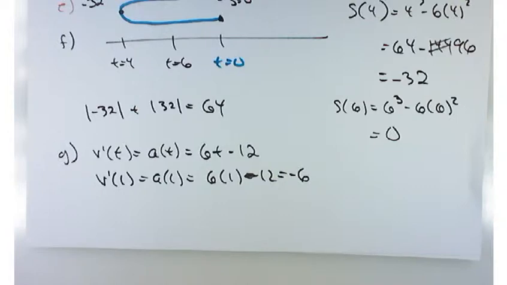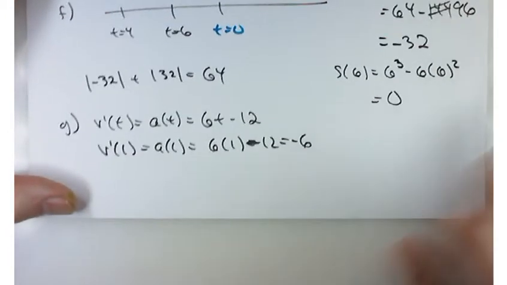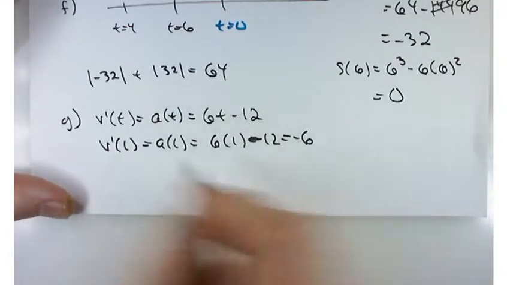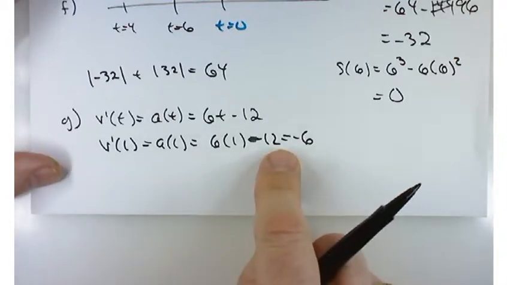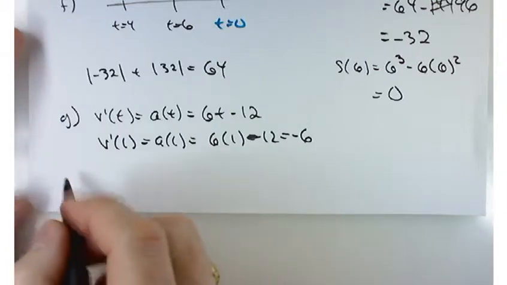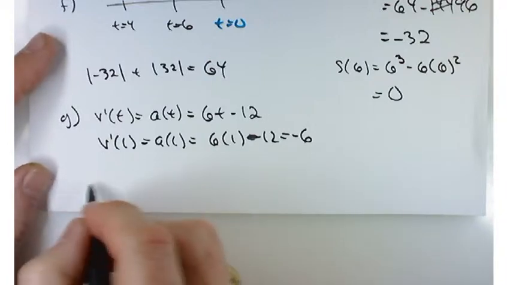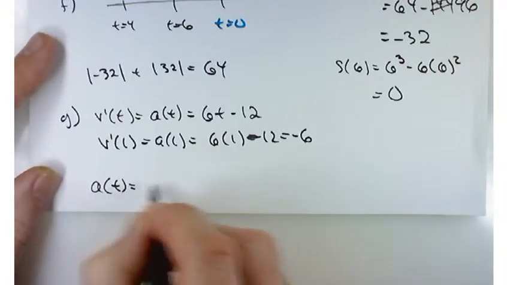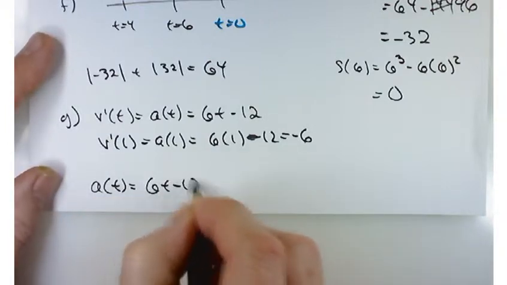Now there's one last part of this, and it says, when is the particle speeding up? When is it slowing down? To figure that out, which function do you think I should look at? The acceleration, right? So if you look at our acceleration function, a of t is 6t minus 12.